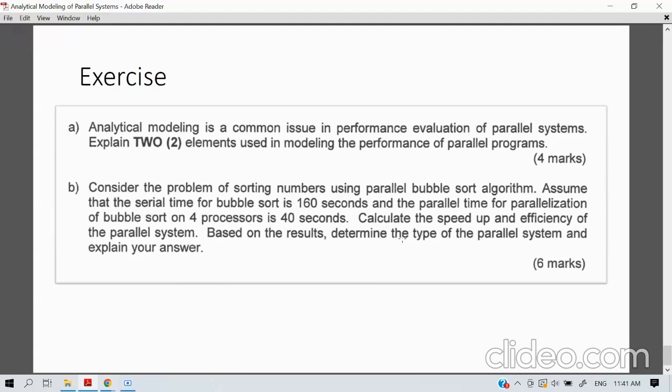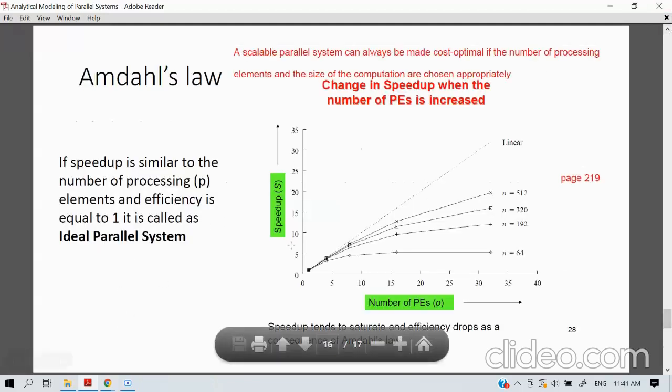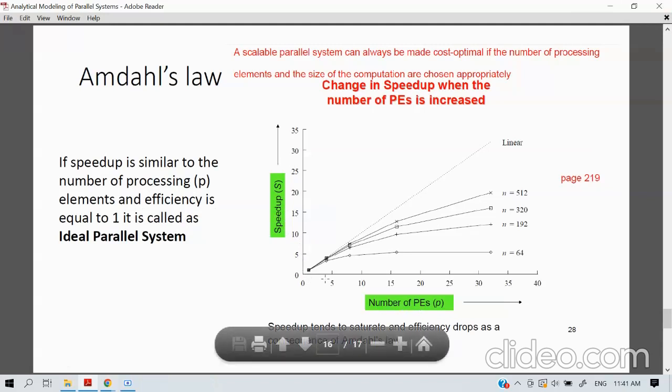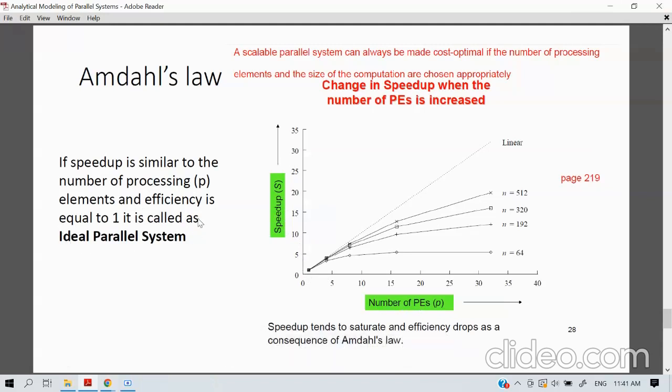The speed up you got is 4. So is 4 the same as the number of processes we used for the parallel program? The same, right? 4. So our speed up equals P. If you remember in the previous slide, if our speed up value equals the value of P, what do we call it? What type of parallel is it?